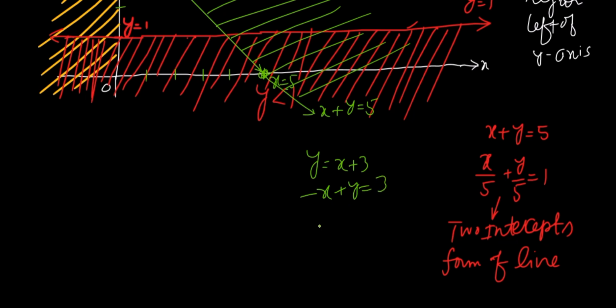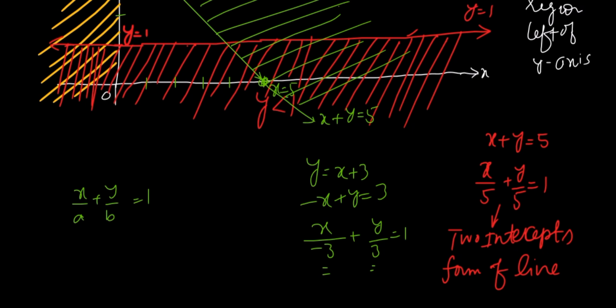Dividing on both sides by 3 to make the right side equal to 1, because x over a plus y over b is equal to 1 is the standard two intercept form of a line. So we have x over minus 3 plus y over 3 is equal to 1. This shows that our x-intercept is minus 3 and y-intercept is 3.